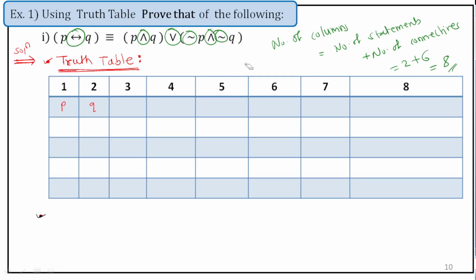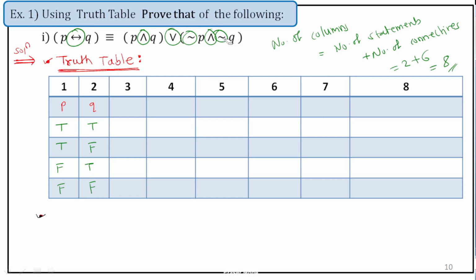We know the possibilities of P and Q. For P, it is 2 times true and 2 times false. For Q, it alternates true, false, true, false.